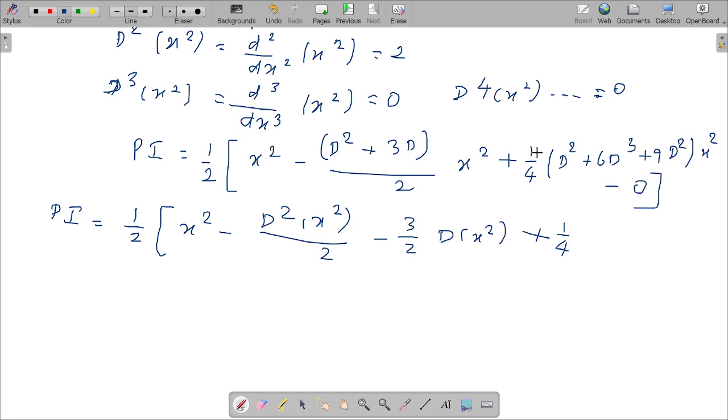Okay, it is not d square actually, d square whole square, na? It is d power 4, na? No one mentioned it. 1 by 4, the d power 4 will be 0, d cube will be 0, only d square will be there. So 9 by 4 d square of x square. The other things are 0.